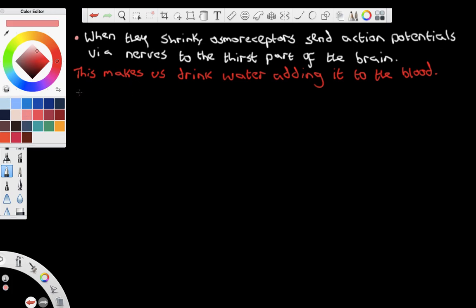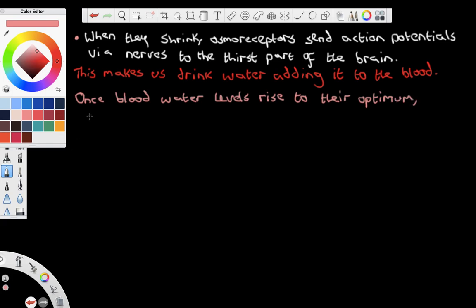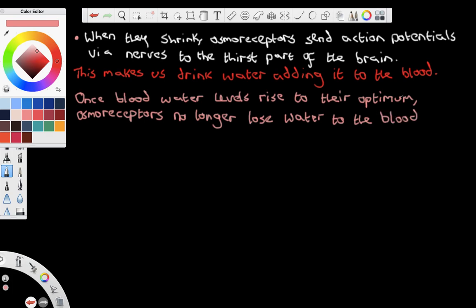So our final bit we can say for this section is that once blood water levels rise to their optimum, osmoreceptors no longer lose water to the blood, and no longer shrink.